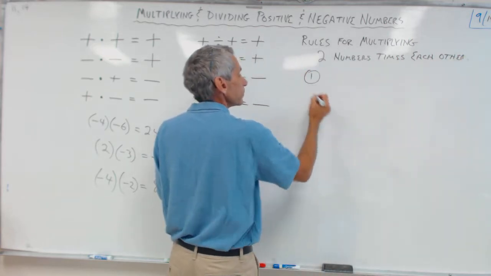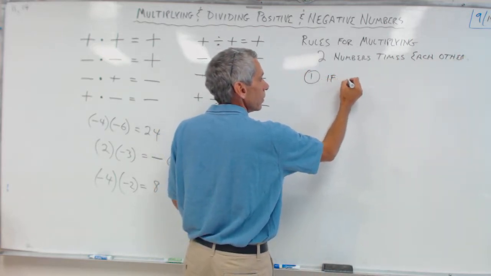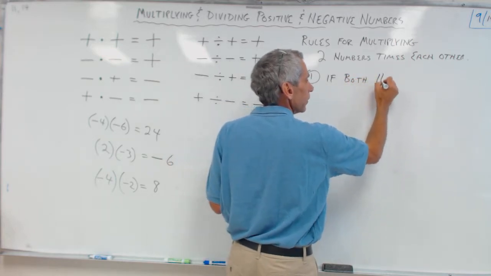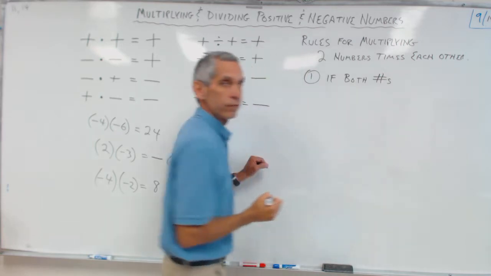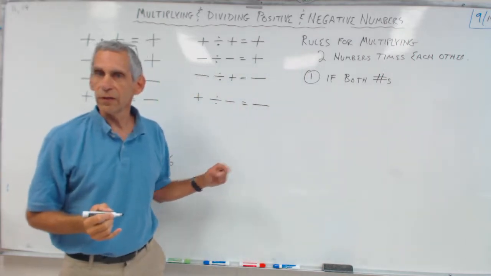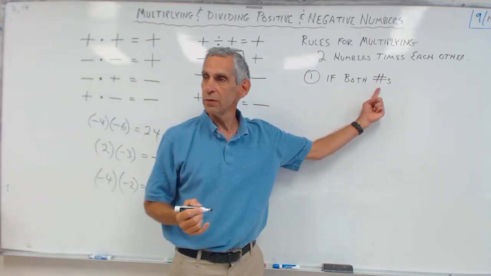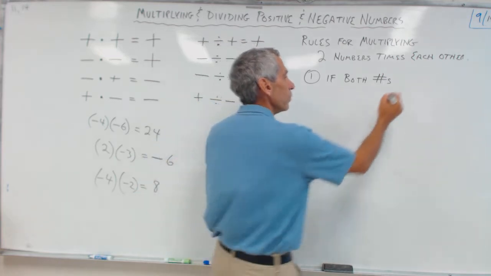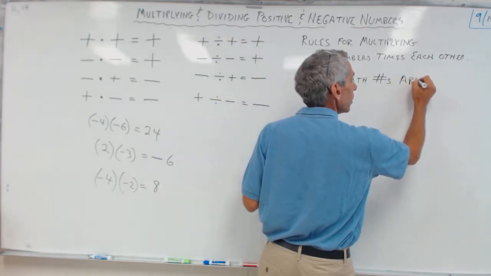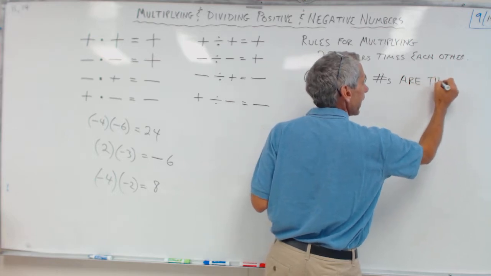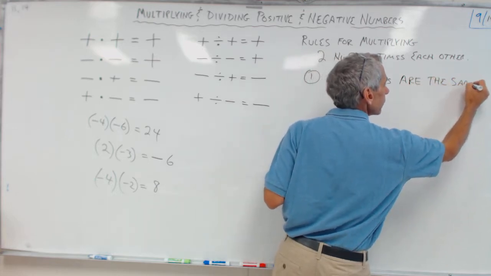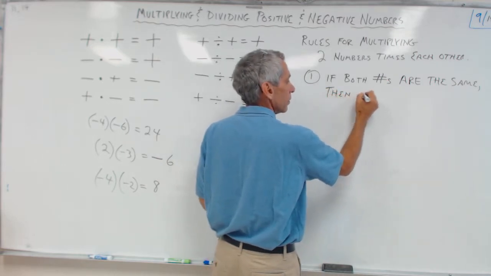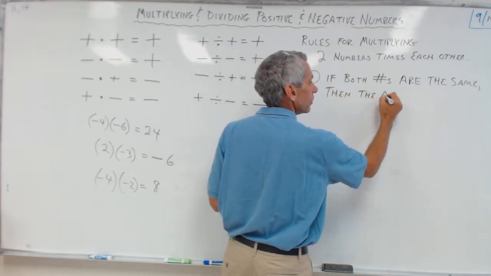Number 1. If both numbers, I'm going to use that. Is that okay? Does that make sense? Everybody understands what I'm doing? Okay. If both numbers are the same, then the answer is what?